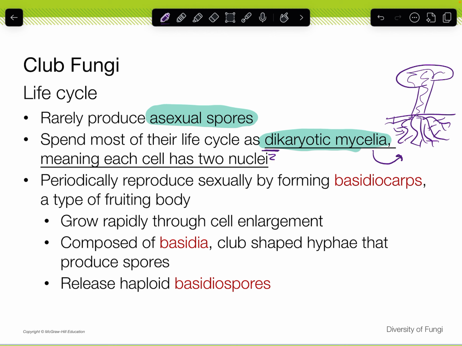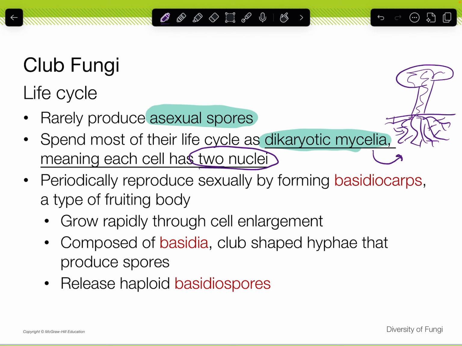Di means two, and karyotic essentially means nuclei, so it has to do with the genome. We're going to have two nuclei, which we can find right here. So we're going to have dikaryotic mycelia, which means each of the cells in that hyphae has two nuclei associated with it.